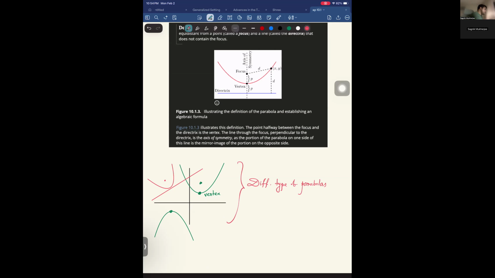So let me draw a picture. So this is a perfectly horizontal parabola. Okay. So you can have a lot of types of parabolas. Any question?